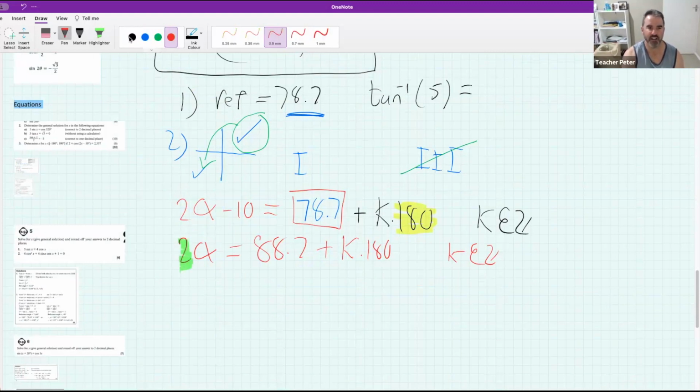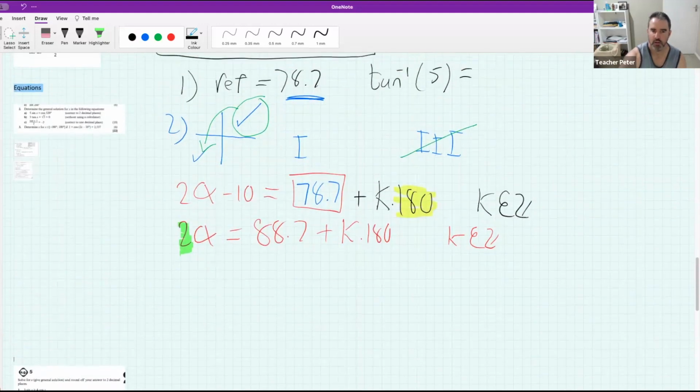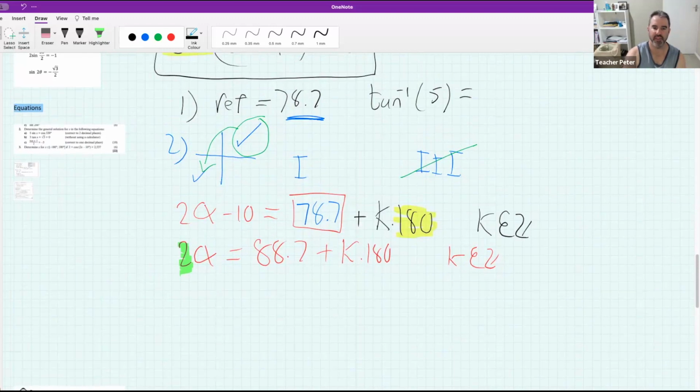So what is my final answer going to be? I have to divide by 2 to get my alpha by itself.